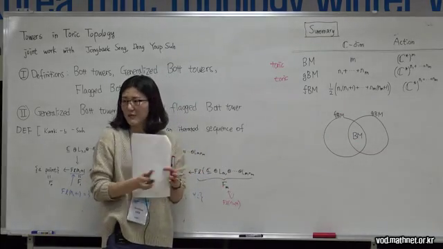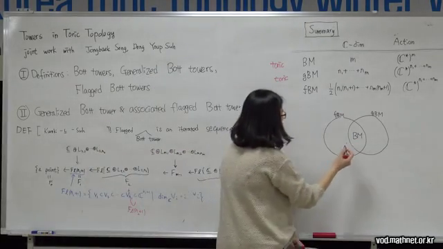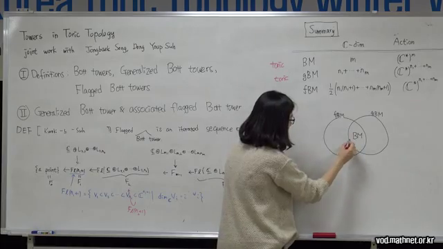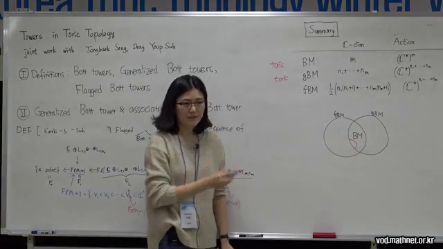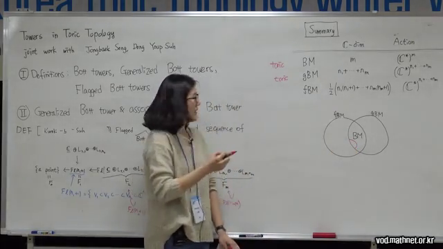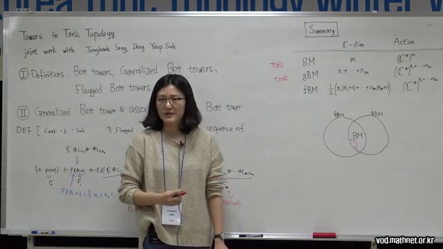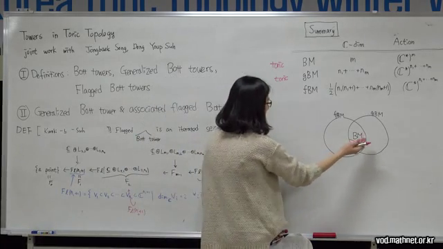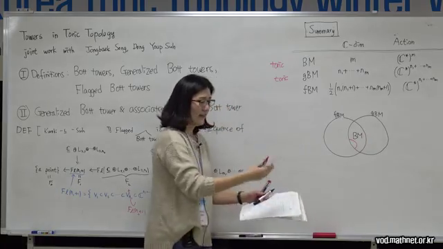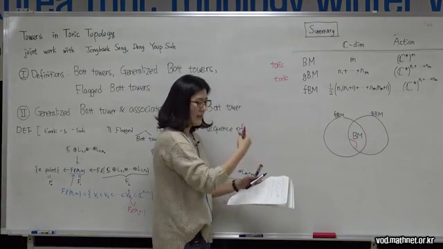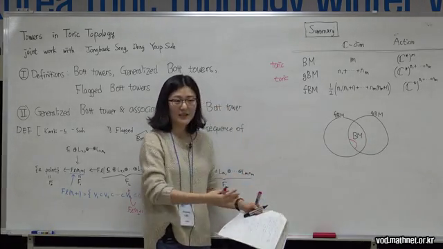And I want to remark that, as I mentioned before, some Bott manifolds are diffeomorphic to Bott-Samelson manifolds, so that by using the geometry of Bott manifolds, we can read the representation theory.